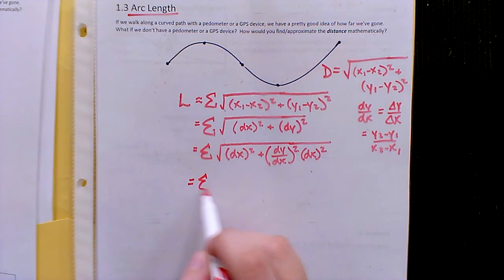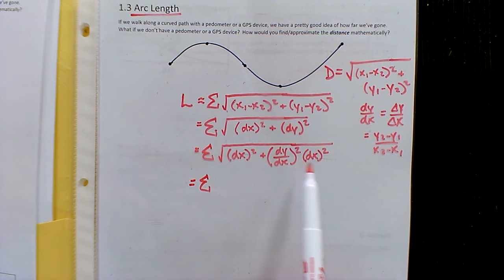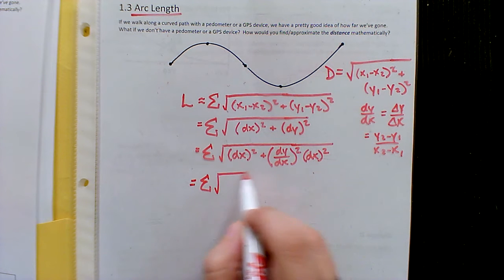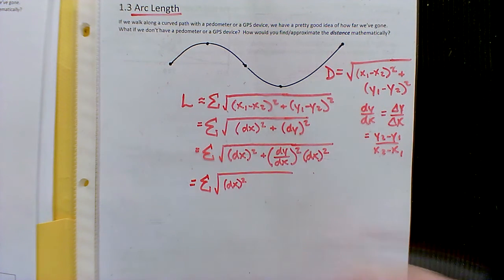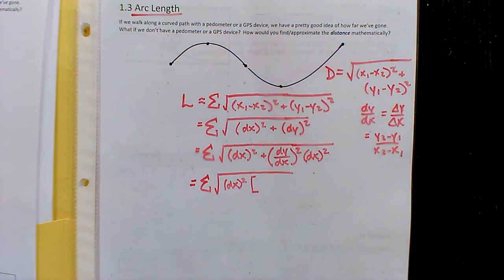Okay, so let's see. We have a dx squared as our first term, and now we have another dx squared in the second term. Maybe we can factor a dx squared from both terms. It's not coming out of the square root.